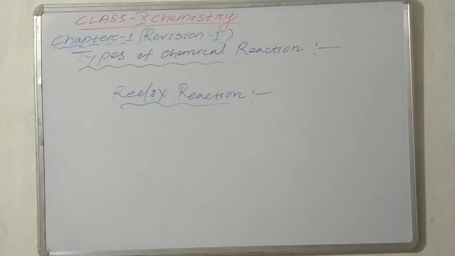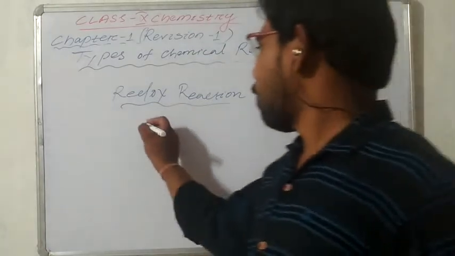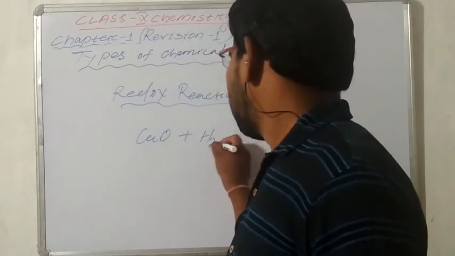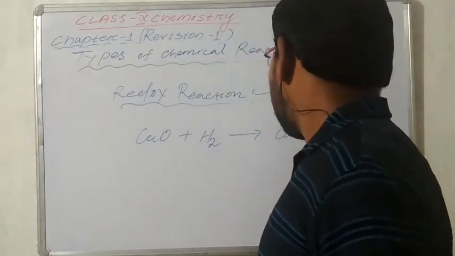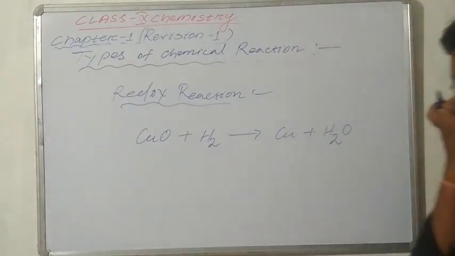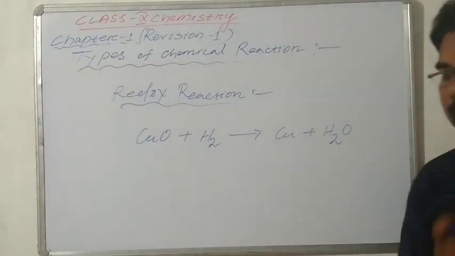One example we have discussed: copper oxide plus hydrogen, CuO plus H2, forms Cu plus H2O. Here which one is oxidized and which one is reduced?